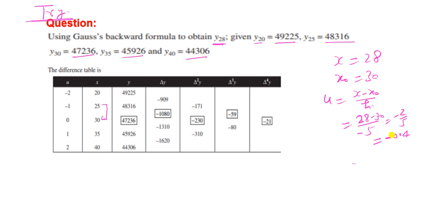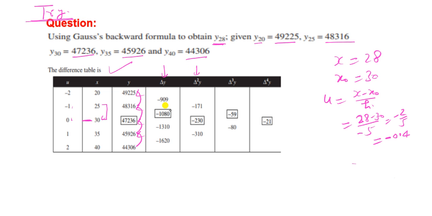After that, construct the difference table. This value is x naught, so u is 0. Upper values are negative and lower values are positive. The y values are given according to the problem. First compute the first order forward differences: minus 909, minus 1080, minus 1310, minus 1620.